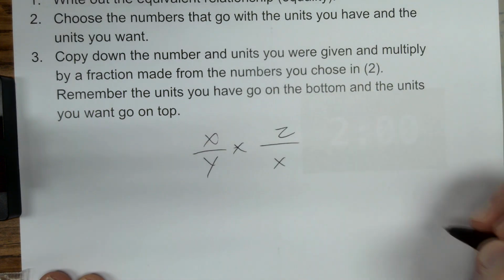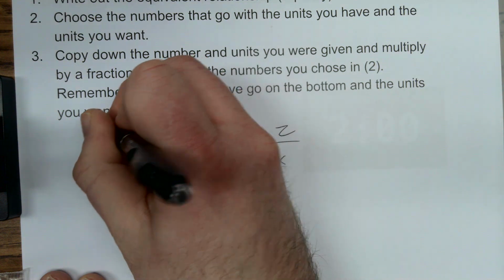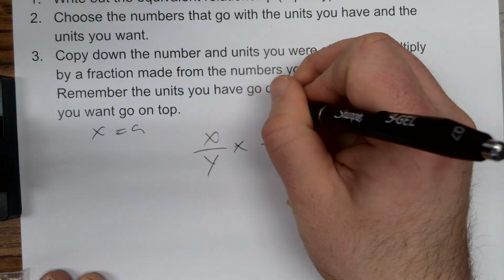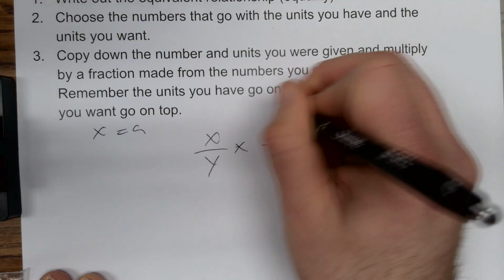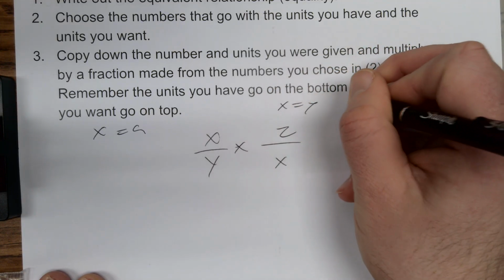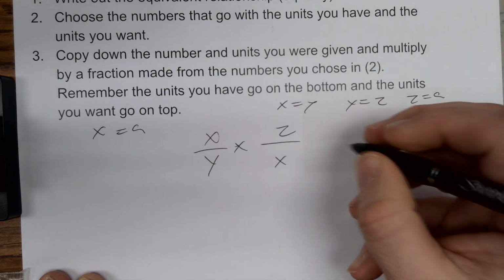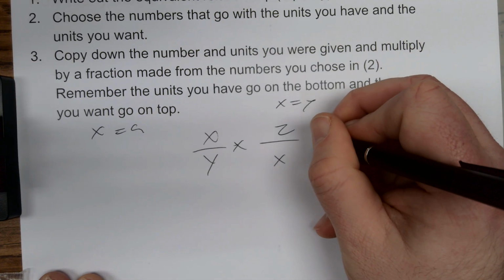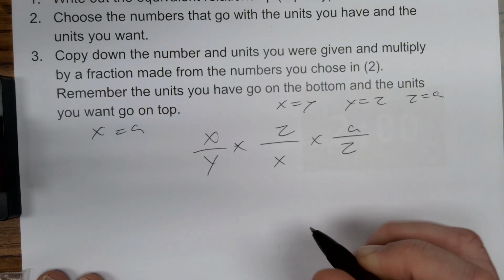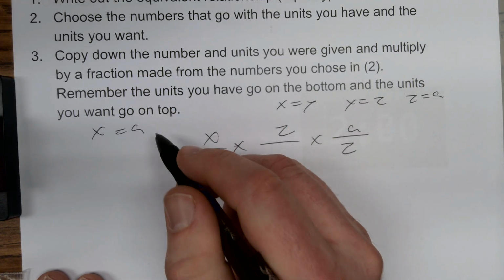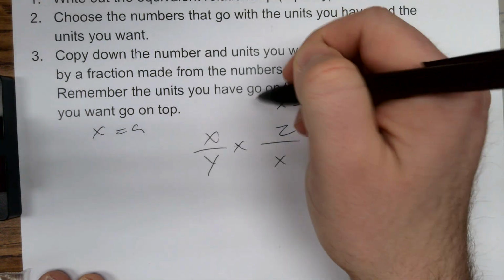We just go back and forth until I get whatever I want. If I start with X and I want A, I say X equals Y, Y equals Z, Z equals A, back and forth until I have Z over A. Whatever I'm getting rid of goes on the bottom. Whatever I want stays up top.